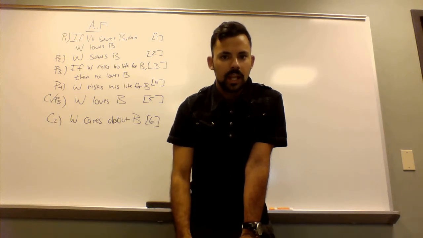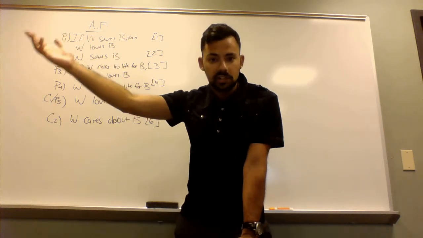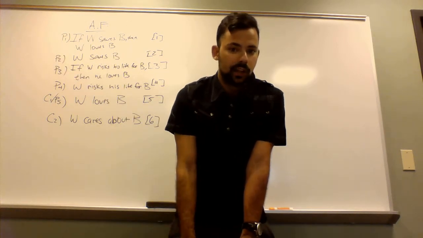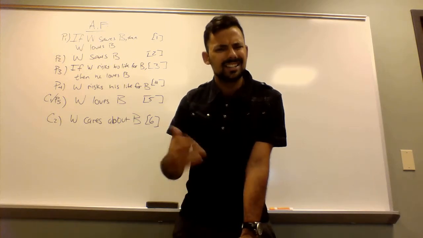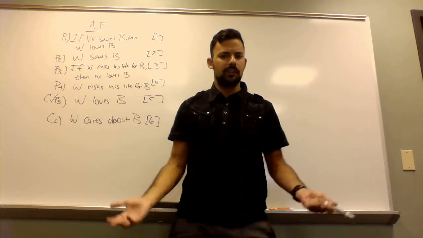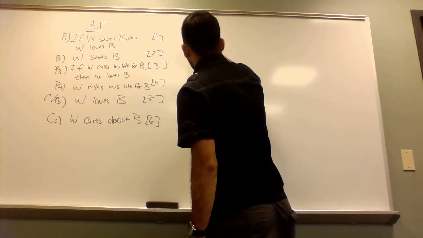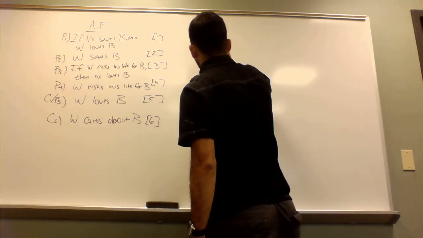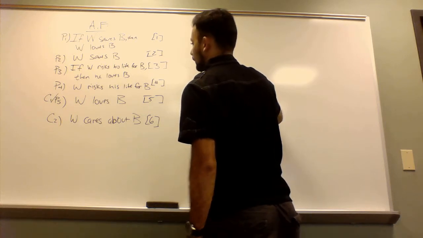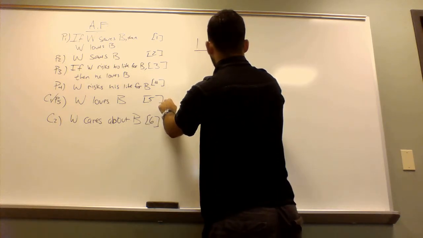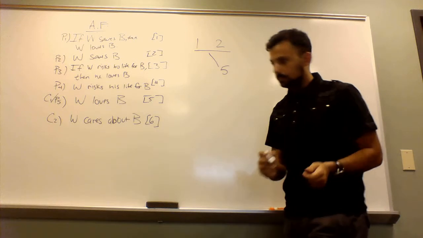And if I just said, well, if it was the case that he saved her, then he would love her, so he totally loves her, that doesn't necessarily make the case because you don't have any factual evidence to support it. So we at least have 1 working with 2 to support 5, right?